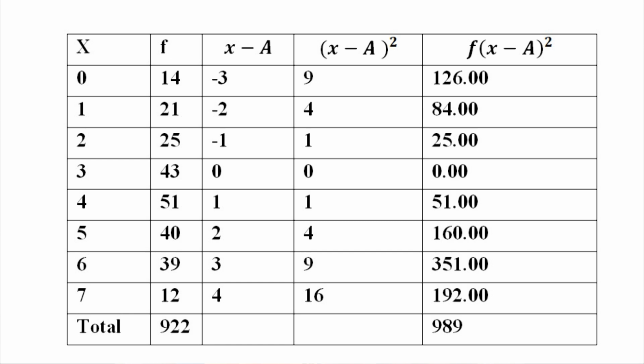The values are 126, 84, 25, 0, 51, 160, 351, 192, which are entered in column 5.